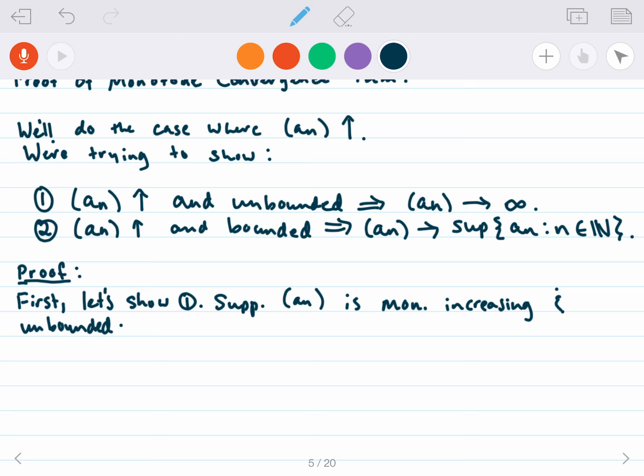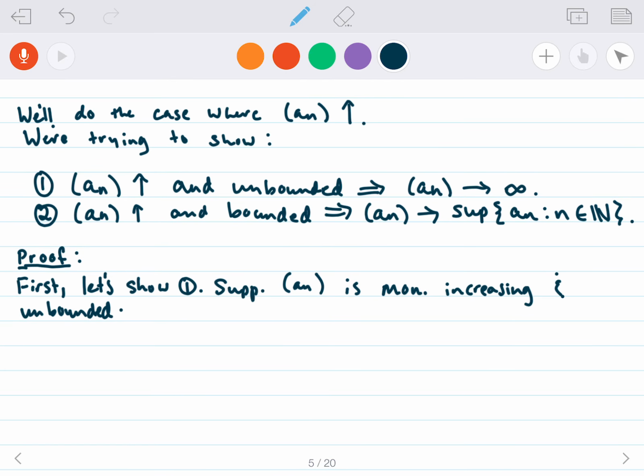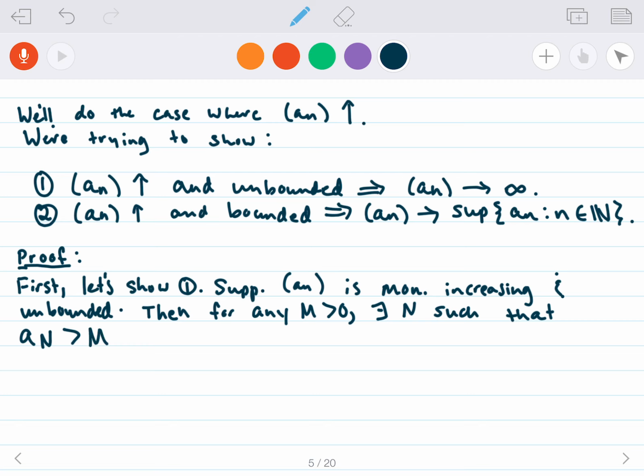So since we're increasing, for this thing to be unbounded, for any positive m bigger than 0, there exists a capital N such that some term in our sequence, a sub capital N, is going to be bigger than m.